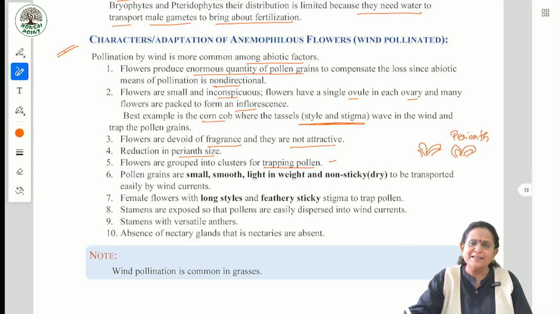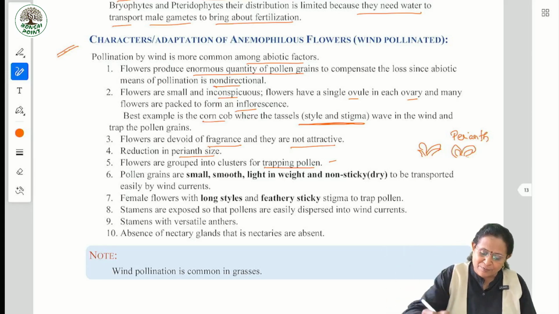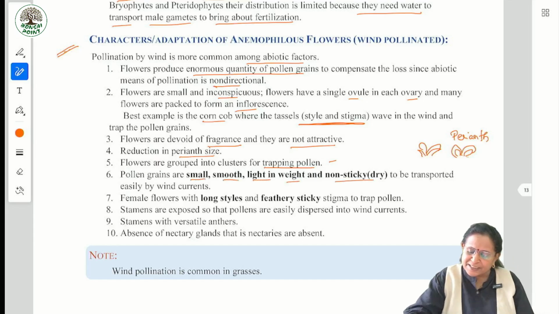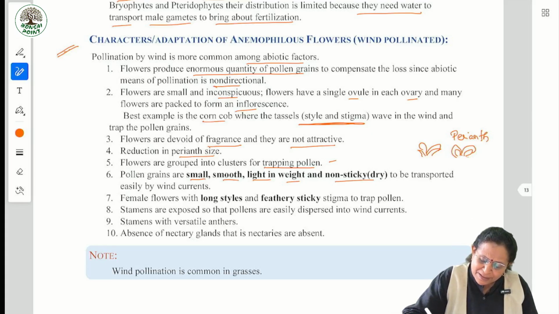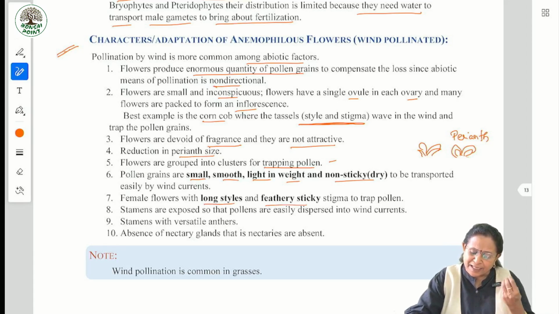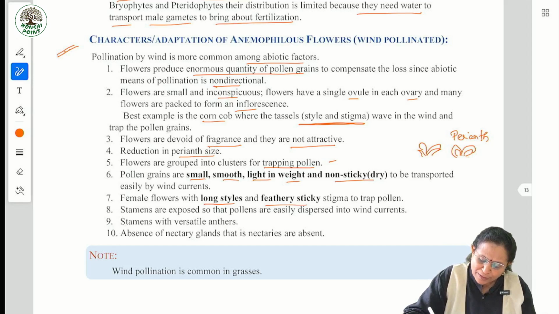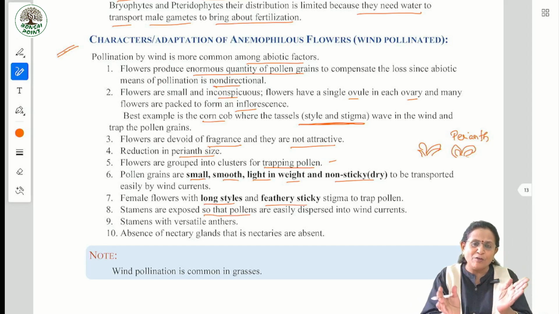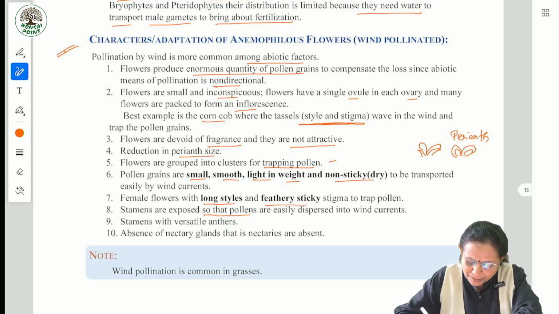What are the characters of pollen grains of anemophilous flowers? Pollen grains are small, smooth, light in weight and non-sticky, dry, to be transported easily by wind currents. Female flowers have a long style and feathery stigma to trap the pollen grains. Stamens are exposed, that is they come out of the accessory whorls so that the pollen is easily dispersed into wind currents.